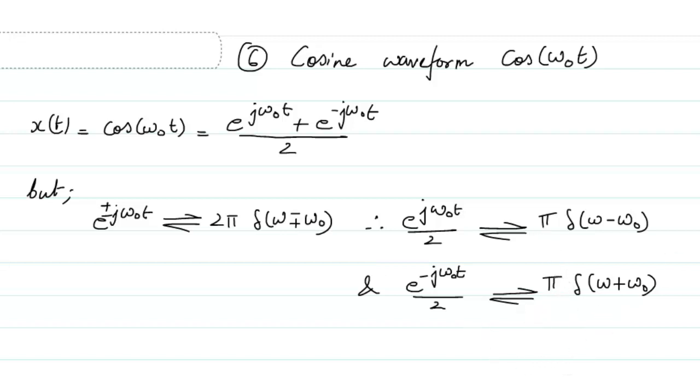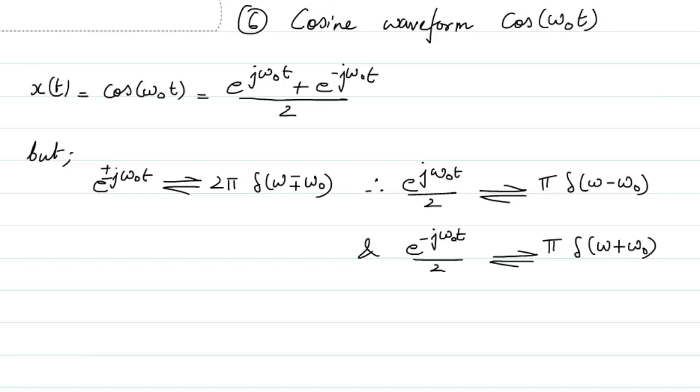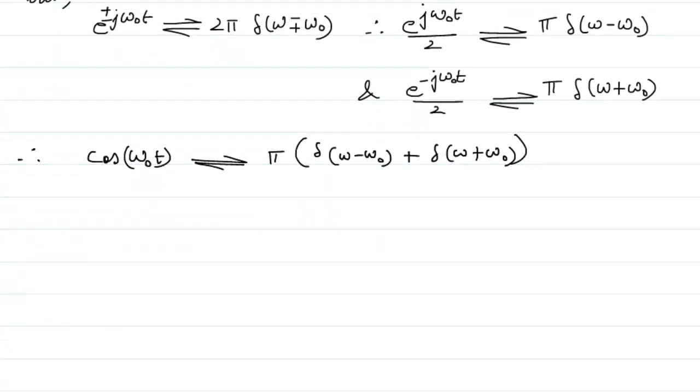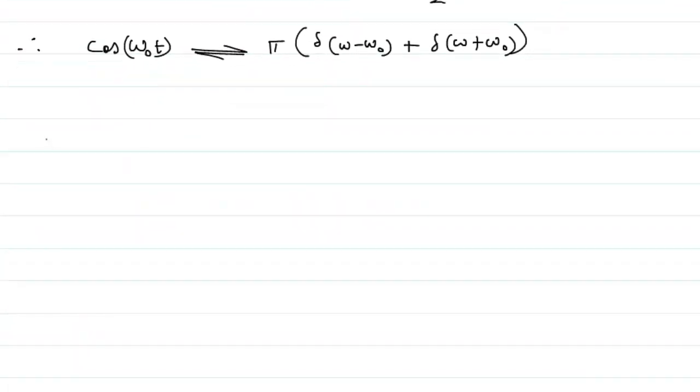So from this I can say that cos of omega naught t gives a Fourier transform of pi times delta omega minus omega naught plus delta omega plus omega naught.